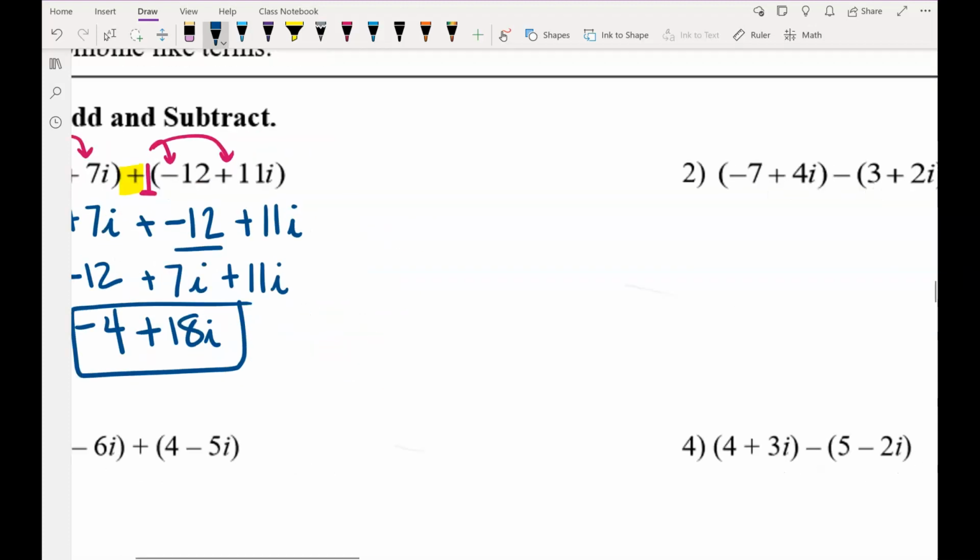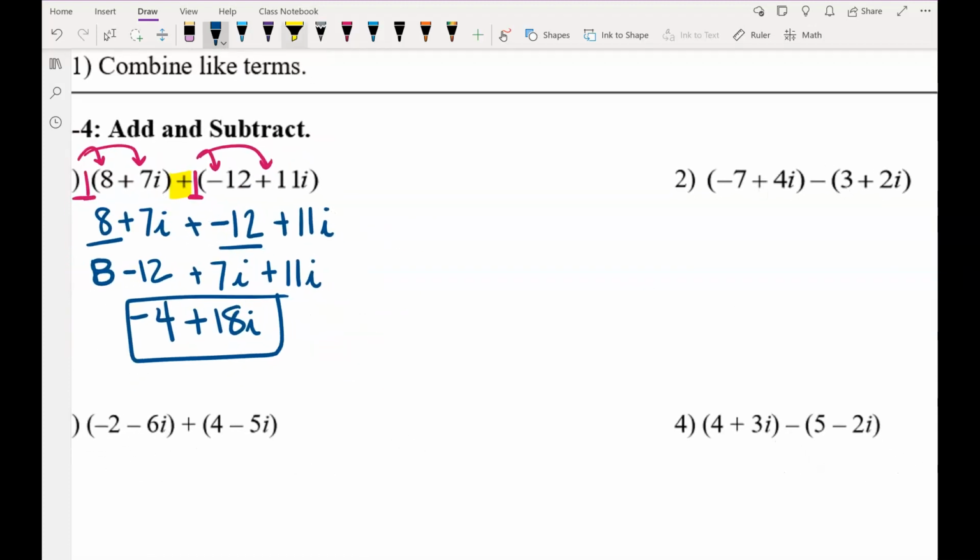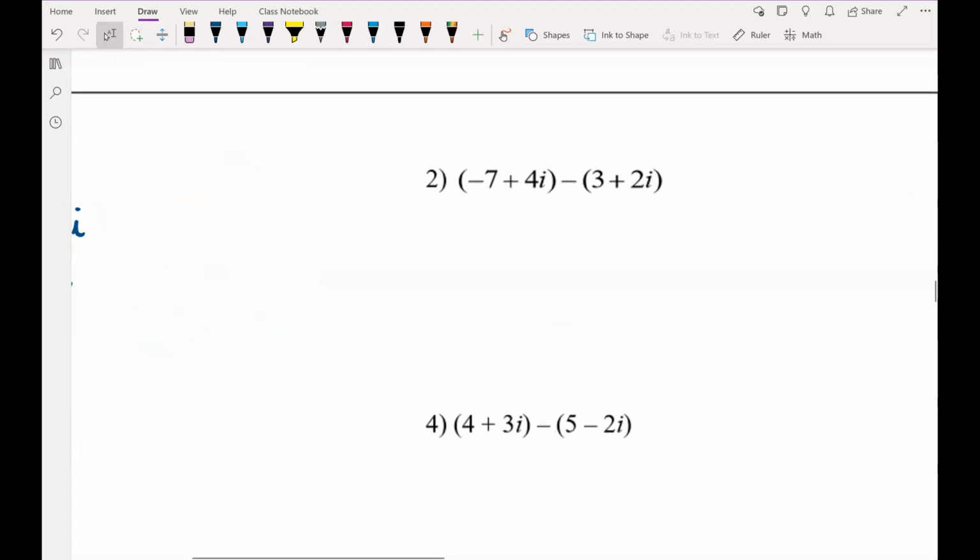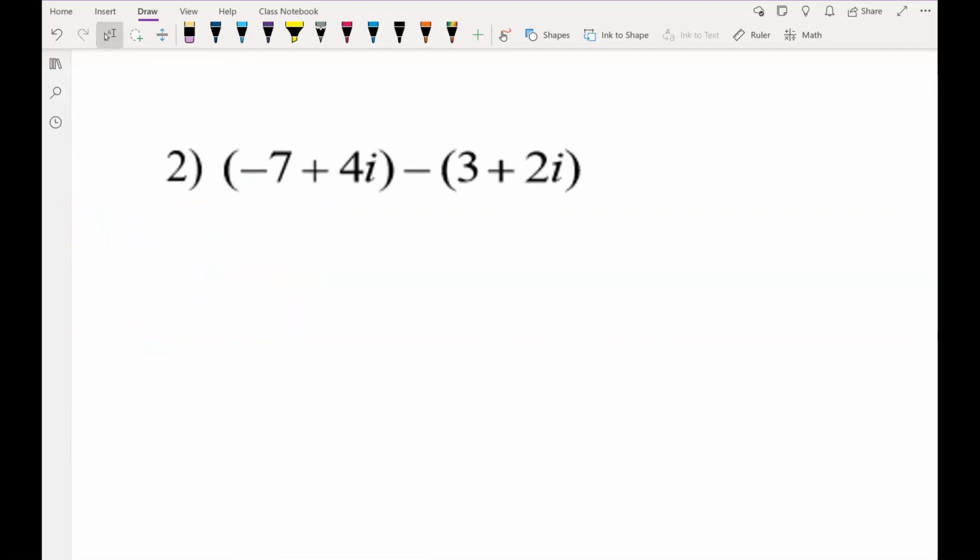Now, number 2 is an addition or subtraction? Yeah, okay, so now because it is subtracting, what should we do with the second quantity? We change the signs, right? Because we need to distribute that negative sign throughout. So the first one is exactly the same, and negative 1 times positive 3 is negative 3.